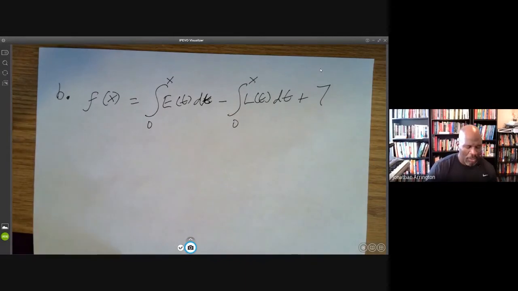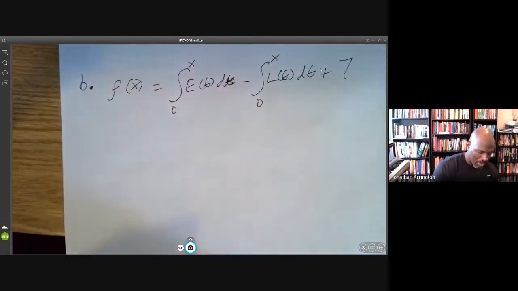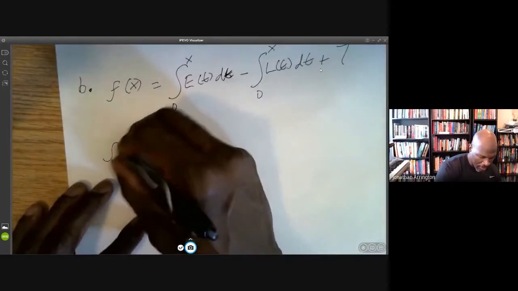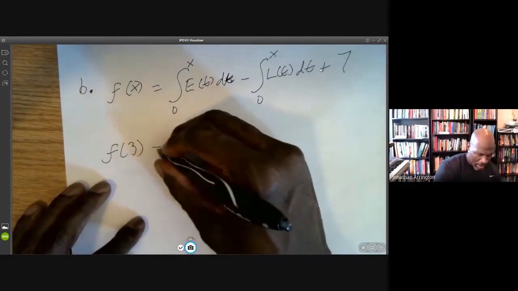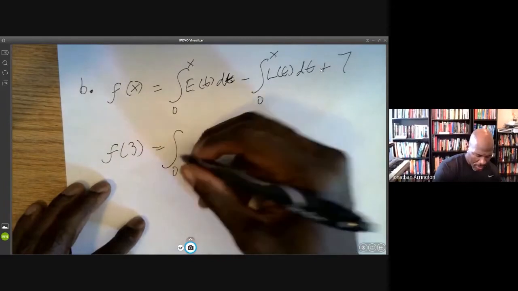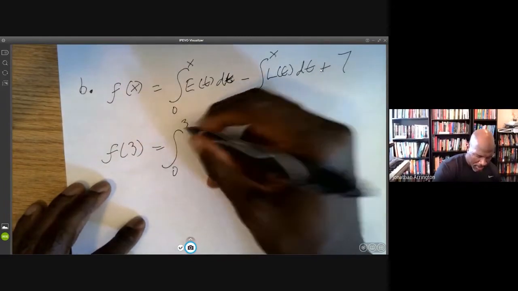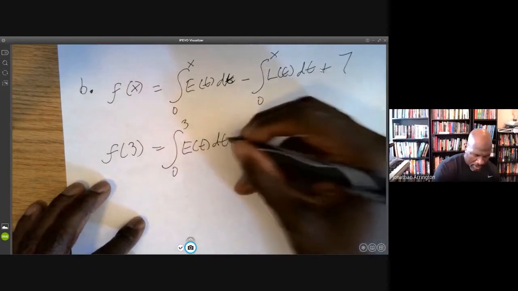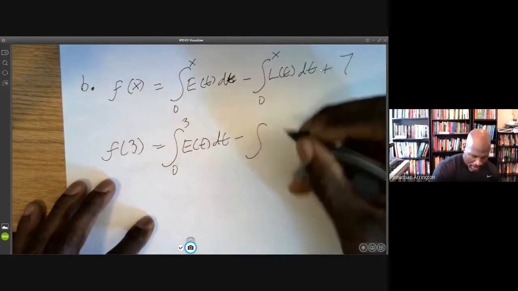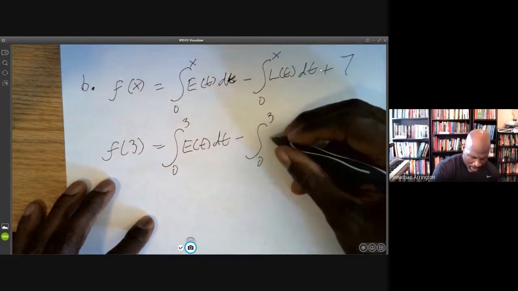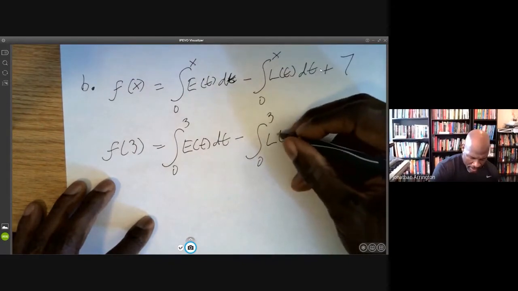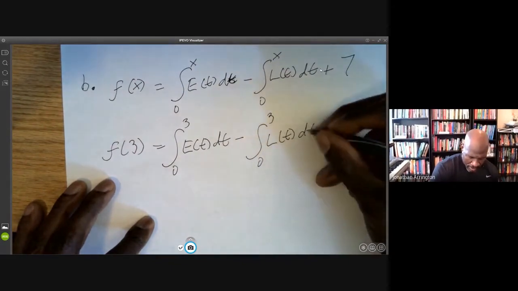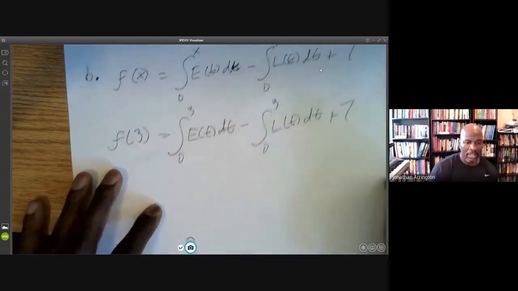Now, they want me to find the actual value at 3, and so that would be f of 3. That would be the integral from 0 to 3 of e of t dt minus the integral from 0 to 3 of L of t dt plus 7.